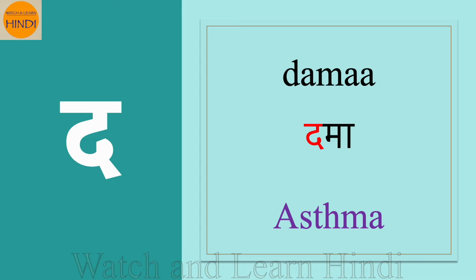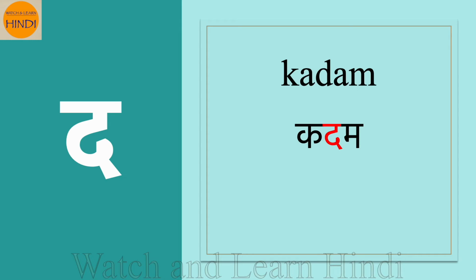So these first three words started with the letter the, but the can also be in the middle or end of a word. And here is an example where the is in the middle. Kadam. Kadam, which means a step, like take a step.